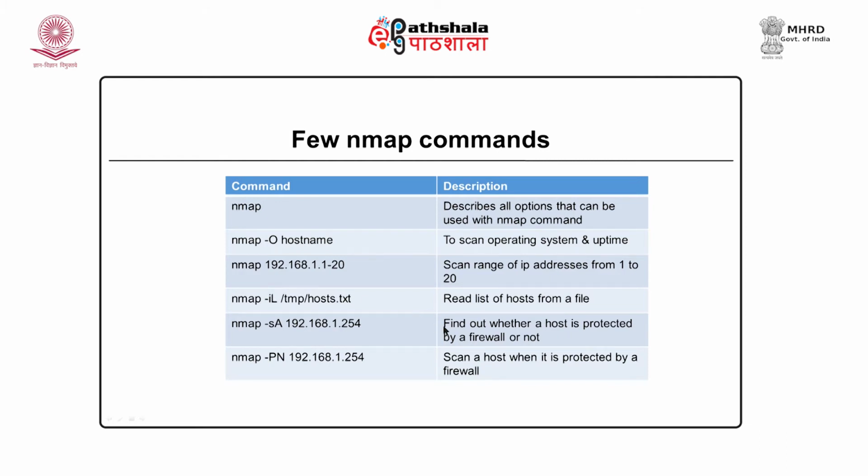If I want to check the firewall, whether the system is protected or not, the option is -sA, with A in uppercase. Again, if there is a firewall and the system is being protected, there is another option -PN. So, these are the different options that can be used with Nmap.